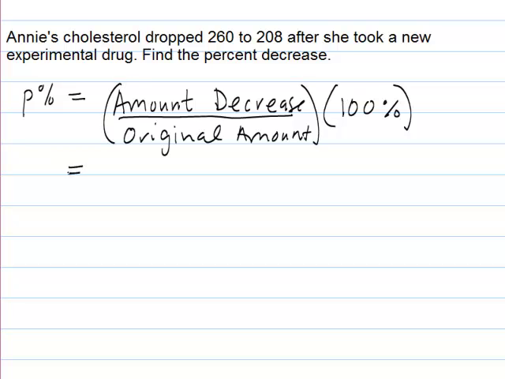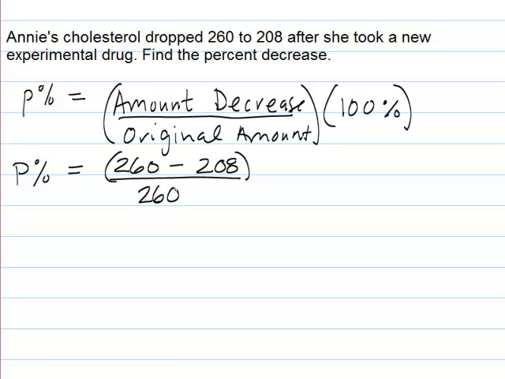So we have to find the amount of decrease. Well, it started at 260 and it went to 208. So the difference between those two numbers is the amount of decrease. The original amount is where she started, 260.